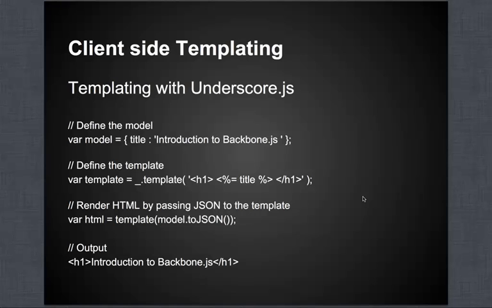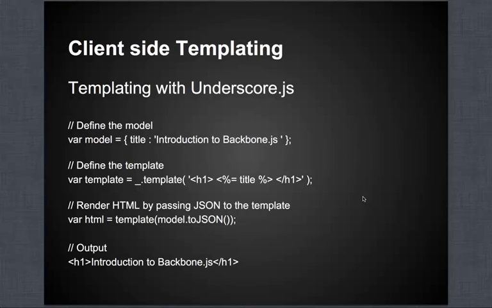So here I'm just putting into code what I just said. This is what it looks like for Underscore.js. So here's just a simple JSON object. It just has a single item in it. You run the template function on your template, which here we're just using an inline string as our template. This could be a separate HTML file that you pull in.